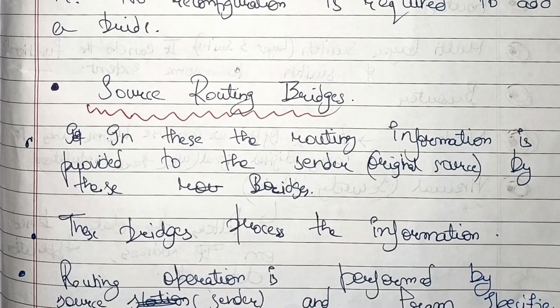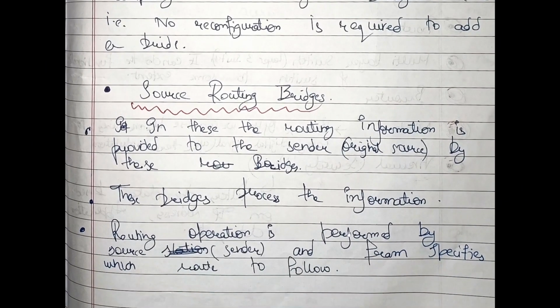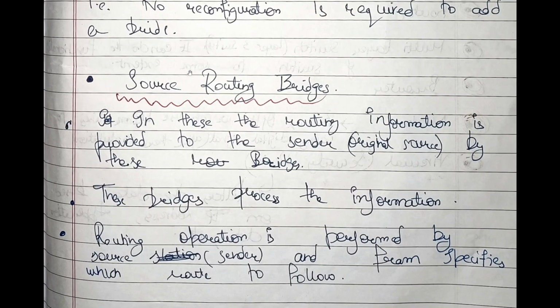Alright. Moving further, the other type is source routing bridges. Now in these, the routing information is provided to the original source, the sender, by these bridges. These bridges process the information, and the routing operation is performed by the source, the sender, and the frame specifies which route to follow. So basically in this type of bridge, they first provide the routing information to the sender.